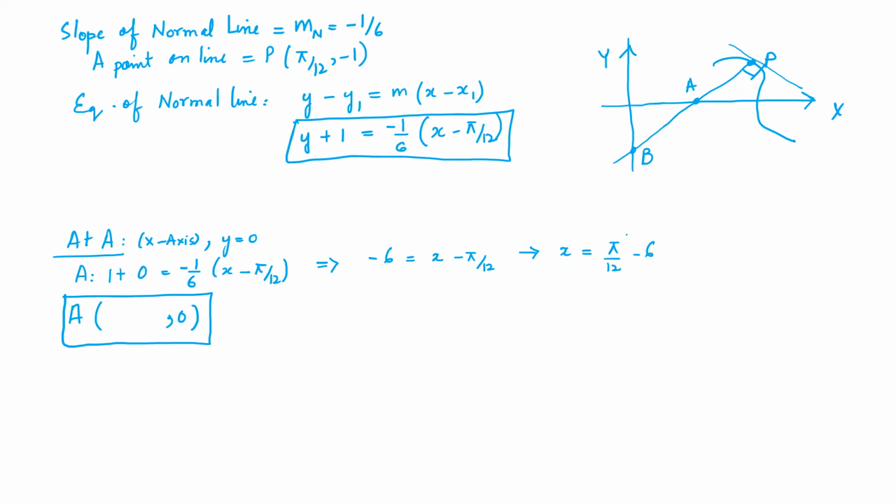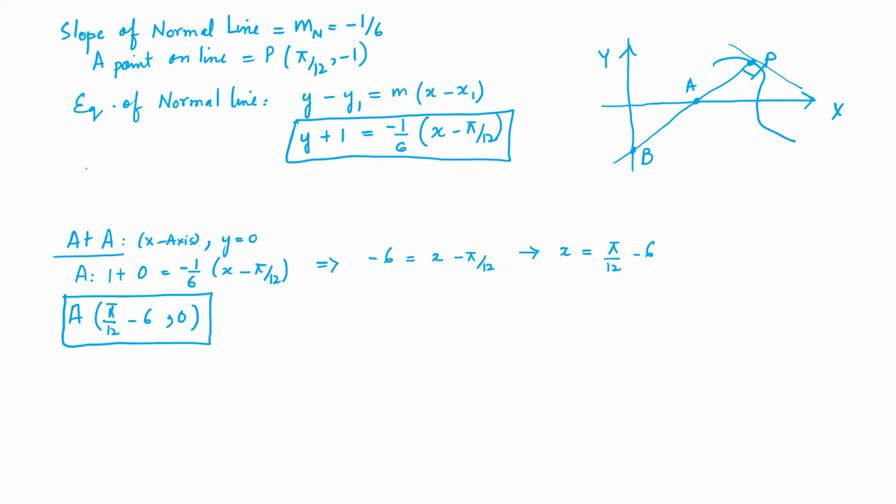Is this the right answer? So minus 6, pi by 12, perfectly fine. So x is pi by 12 minus 6. So this is my point A.